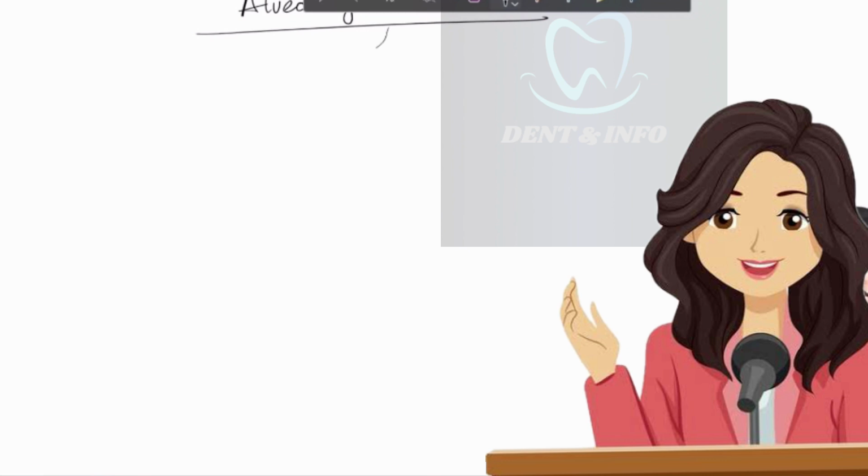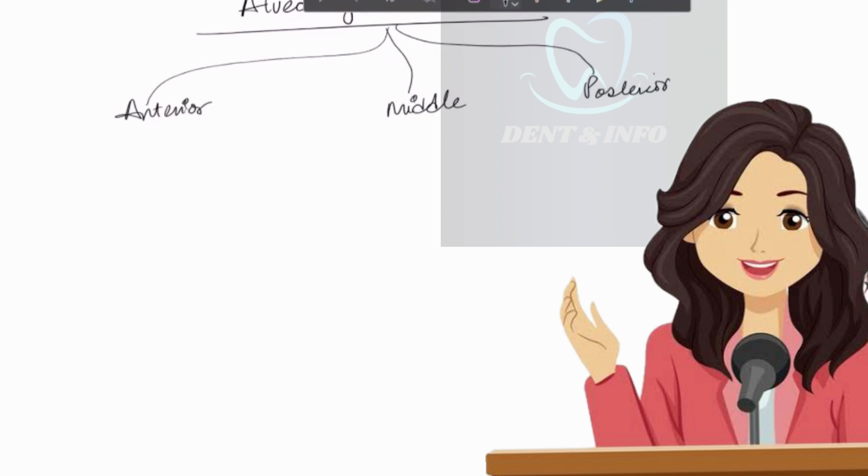So alveolingual sulcus is mainly divided into three parts. Anterior part, we have our middle part, and we have our posterior part of it. They are not parts as such in the patient's mouth. For our own understanding, we divide it into three main parts.